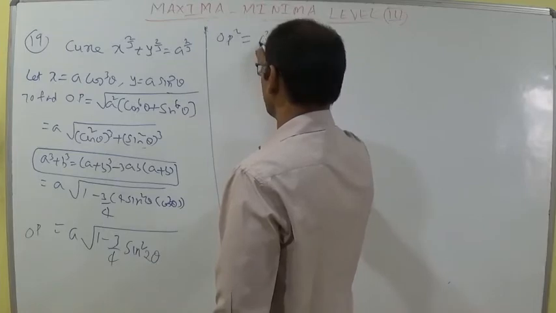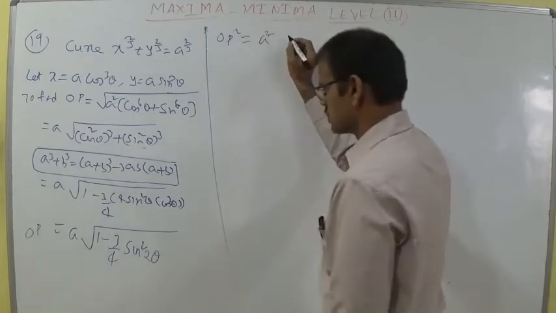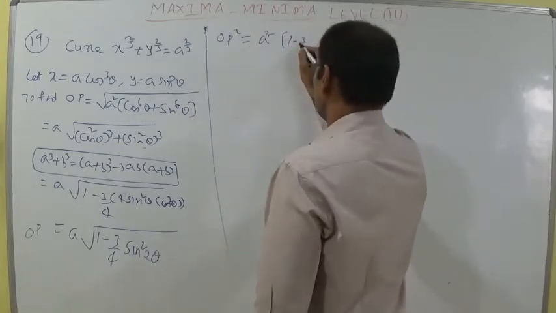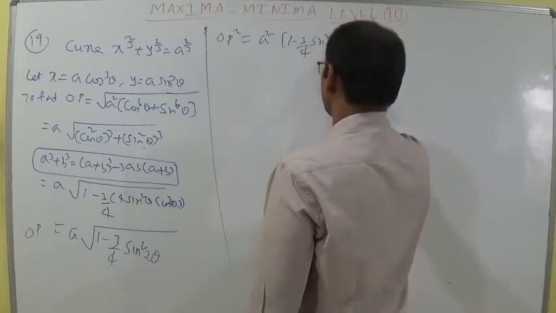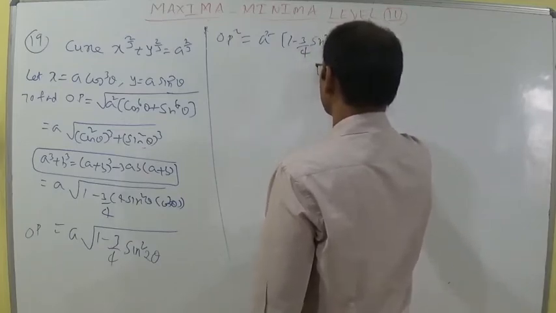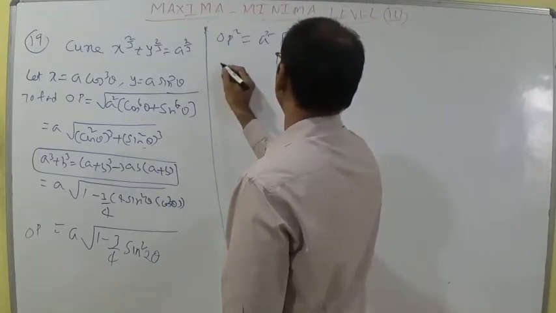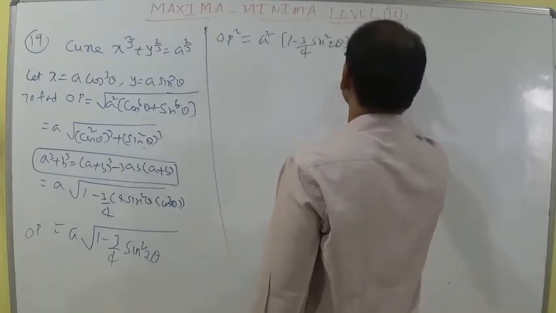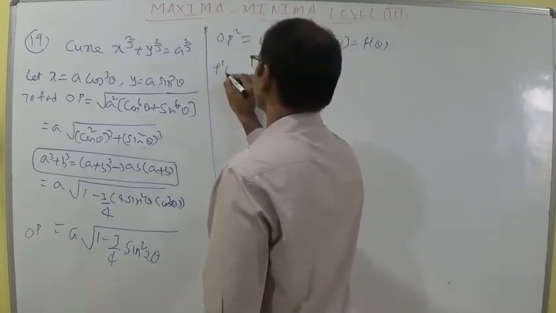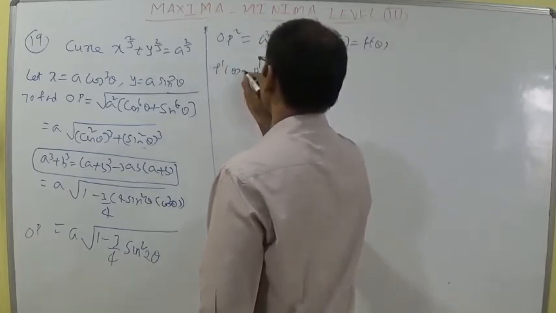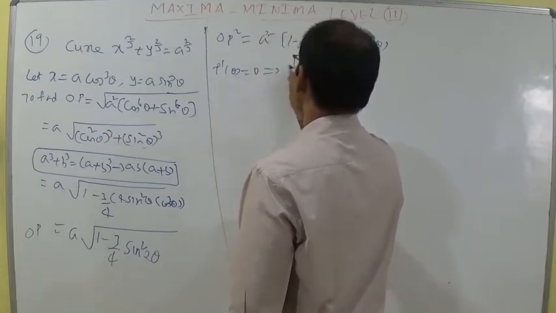OP square is equal to a square into 1 minus 3 by 4 sin square 2 theta. Let this be f of theta. To find whether the distance is minimum or maximum, f dash theta is equal to 0.